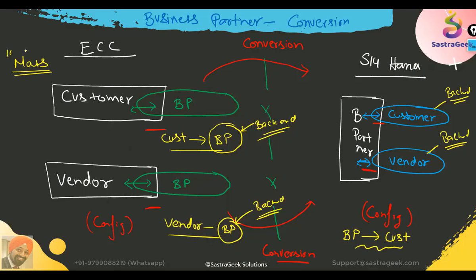You need to go with the mass transaction. The Mass CVI cockpit is there. I will show you that transaction. You need to run that program in ECC. Whatever existing customers there are, it will link them with the BP. It will create a BP and set up the linkage through the mass transactions.